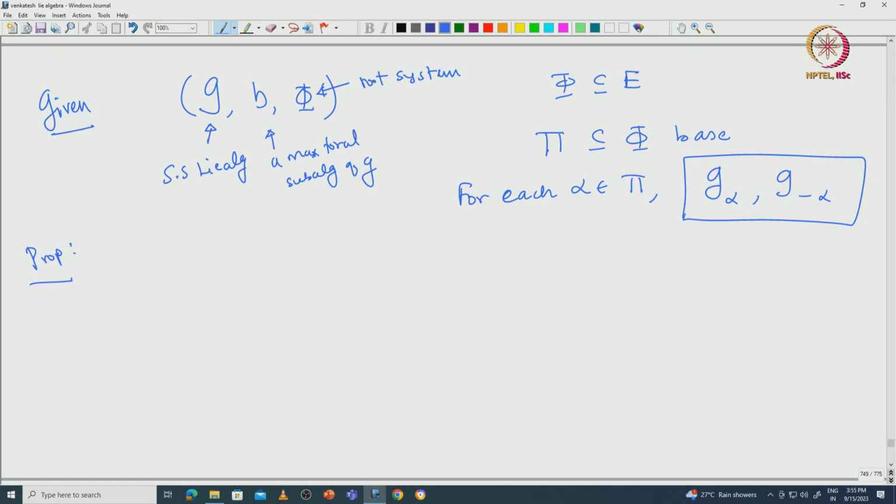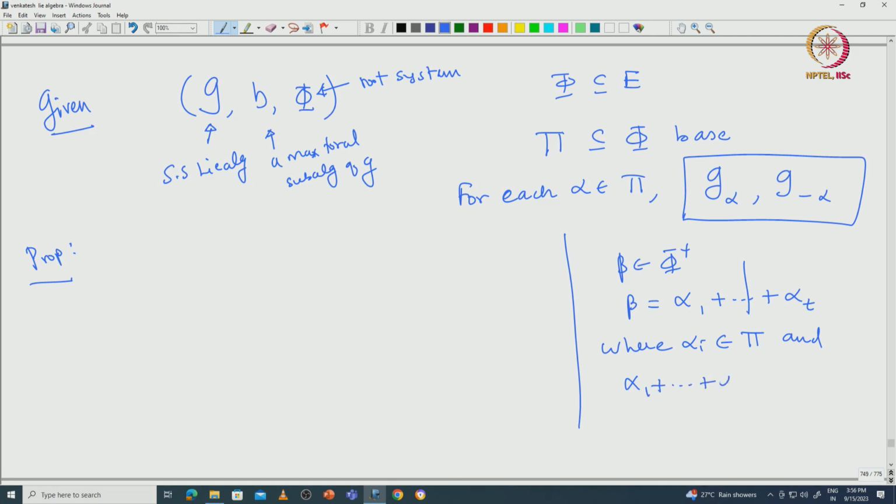Okay. Given any positive root, you can write that positive root as a combination of roots from this base pi, and not only that, you can write this beta in phi plus in such a way that beta equals alpha 1 plus etcetera plus alpha t, where each alpha i is coming from this pi, and you can also take any partial sum, alpha 1 plus etcetera alpha j, and you can ensure that it is again a positive root for all j greater than or equal to 1.